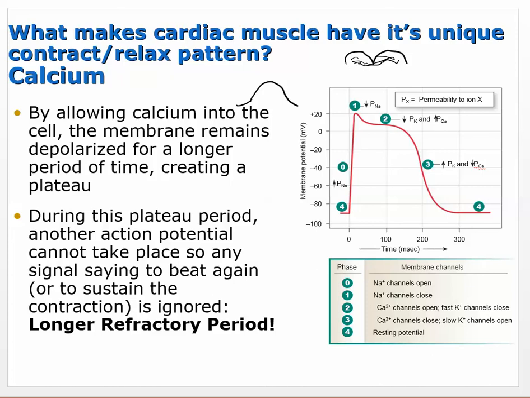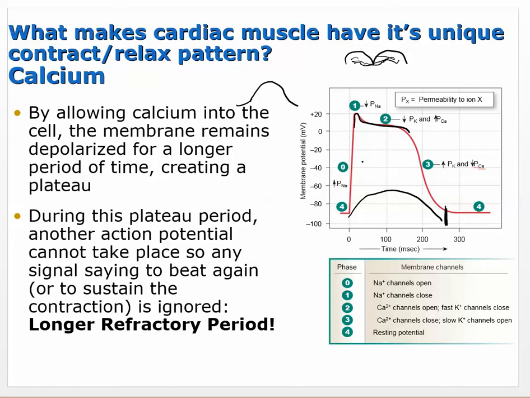We want a simple depolarization one time of all the cells and then for them to relax. So rather than an action potential that looks like this and then goes straight down, we have an action potential that looks like this and then stays depolarized for a little while. That gives the myocardium a chance to contract and then relax before another contraction can take place.